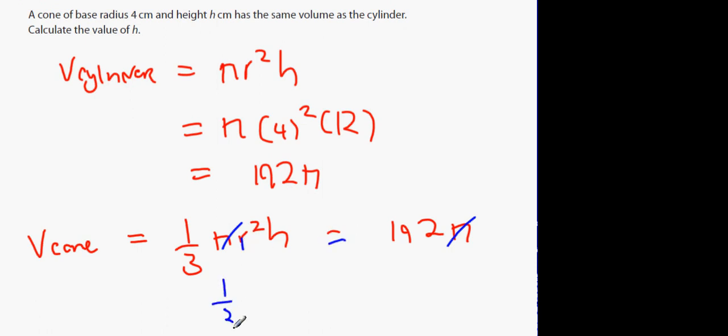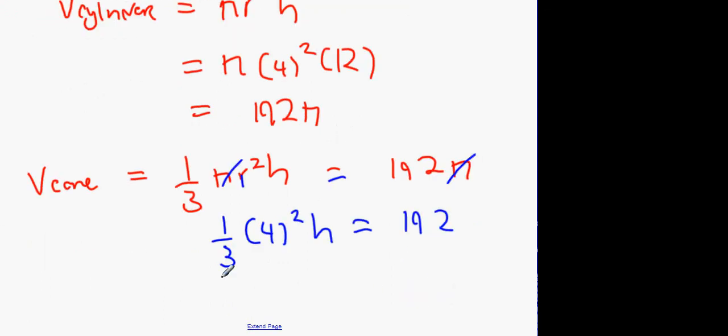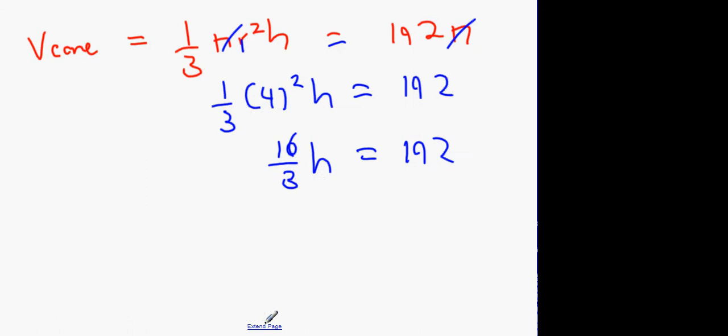So we're going to get a third. What you said the radius was again? 4 or 3? 4. A third 4 squared h is equal to 192. 4 squared is? Guys, 4 squared is 16. 16/3 h equals 192.